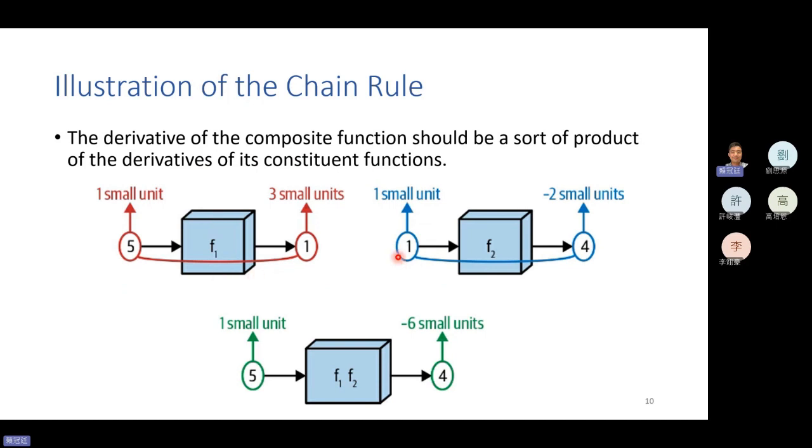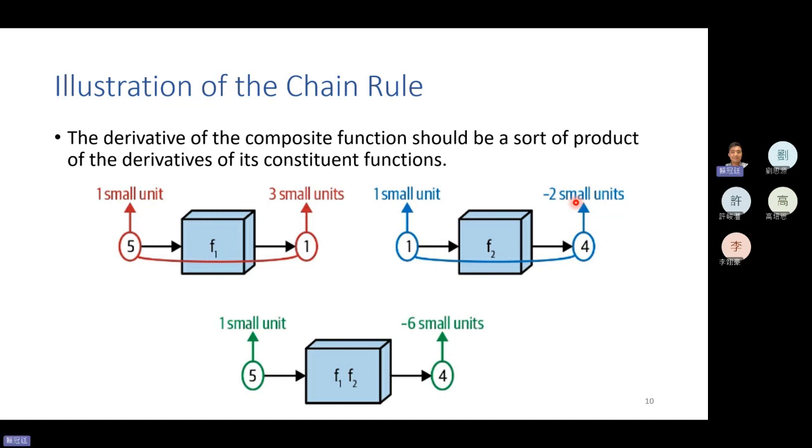Basically, this is the same thing as the previous slide, but we use a picture to represent it. For function f1, one small change will increase the output by 3, and for function f2, one small unit change will change the output by -2. Ignoring the intermediate output, finally the derivative of f2 of f1 will be 3 times -2, right? So this is the idea of chain rule.